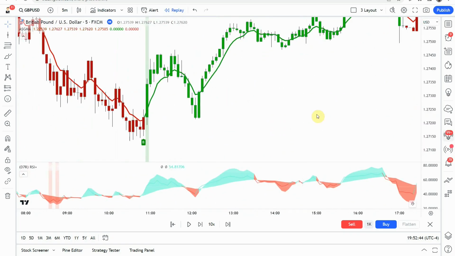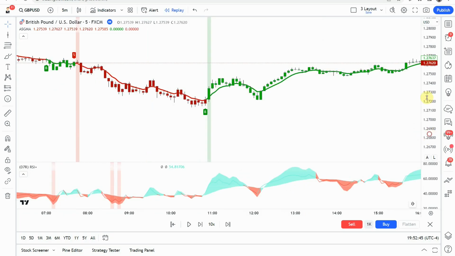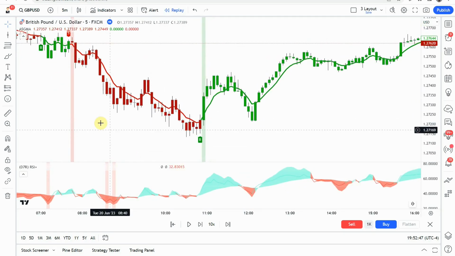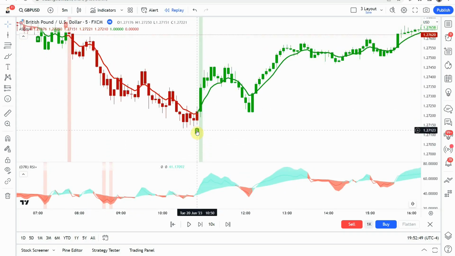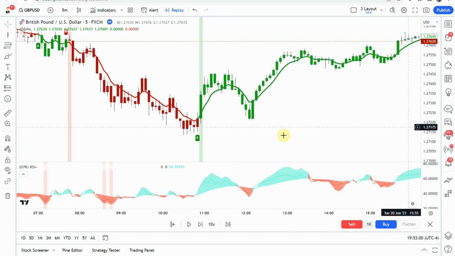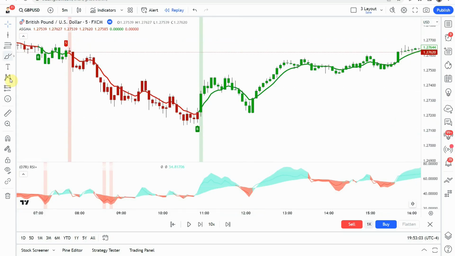If we jump forward just a little bit like this, we can look at a long entry. We get a B tag here, and then we get this nice green bar with a green stripe in the background, and our RSI cloud is also in the green color, or teal if you want to be a little technical about it.